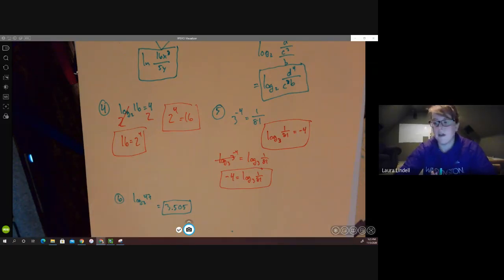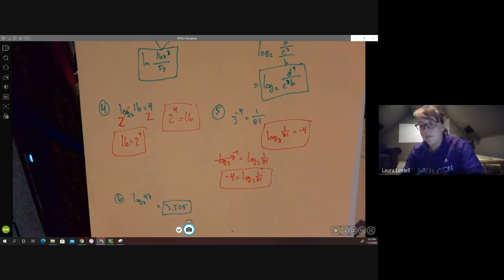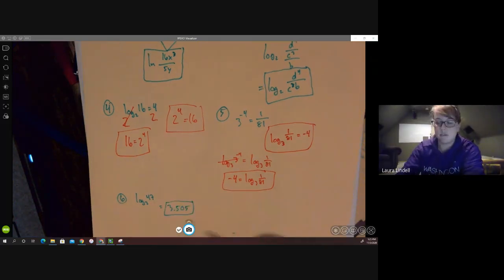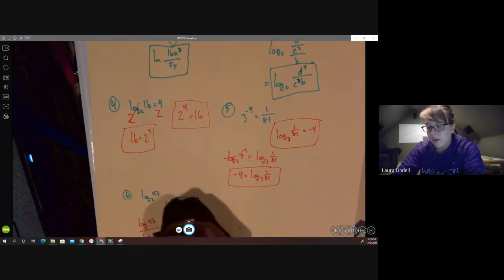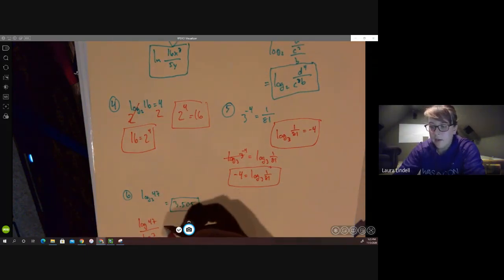But again, if you wanted to, you could do the change of base formula if you just want some practice with the change of base formula for funsies. You could definitely do that, and you would type in either log or natural log, doesn't matter, log 47 over log 3 into the calculator, and that would get you the same thing.